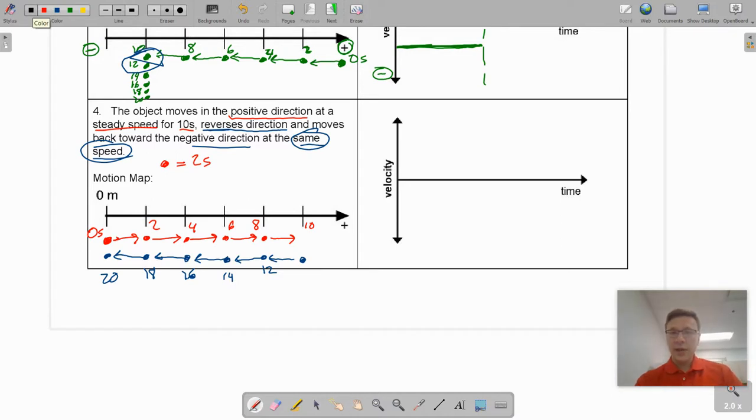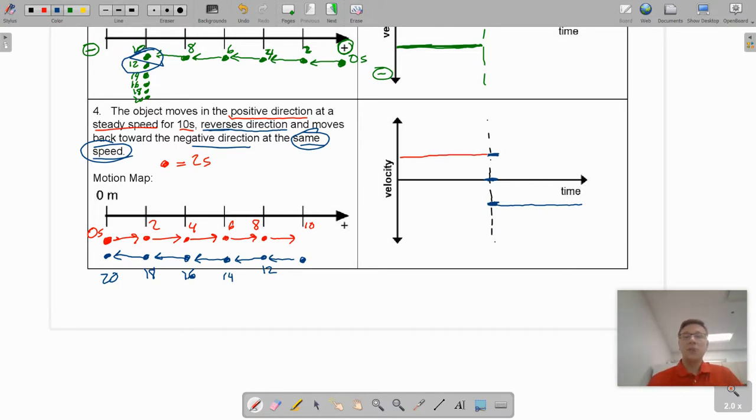So let me split this in half again, and we'll just say that dotted line represents 10 seconds. So for the first part, the object is moving in the positive direction. So we'll just make a horizontal line like this on the positive side. And then because it says it's moving at the same speed in the negative direction, we basically need to make this line down here the equivalent. So like the space from here to here should be the same as the space from the midline down to where that one starts.